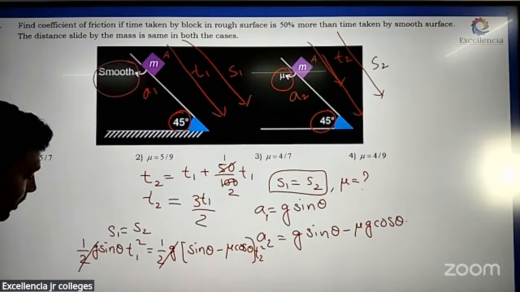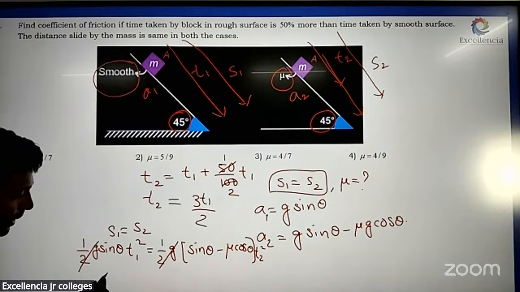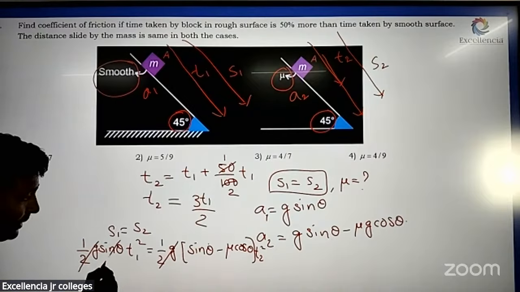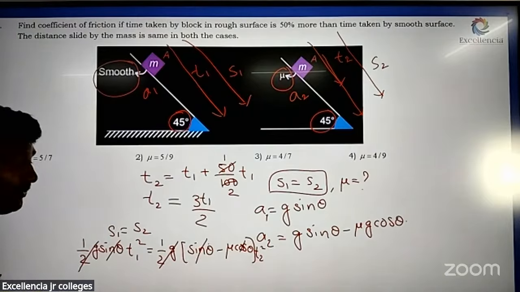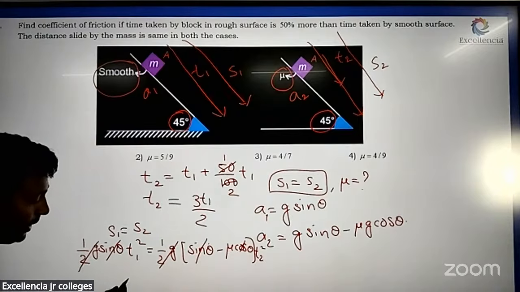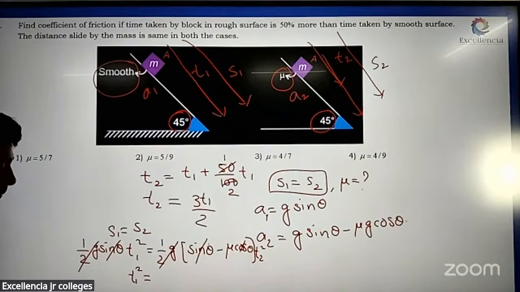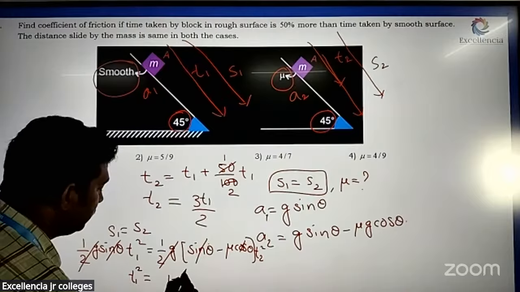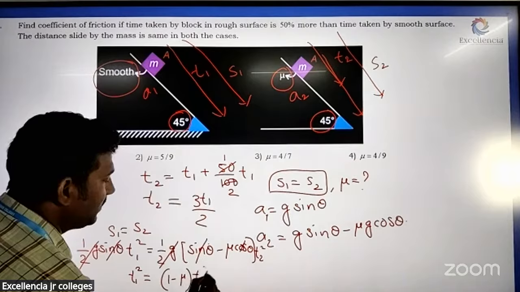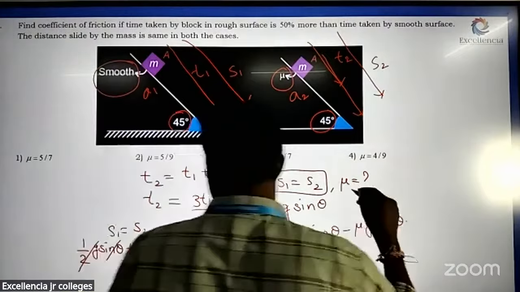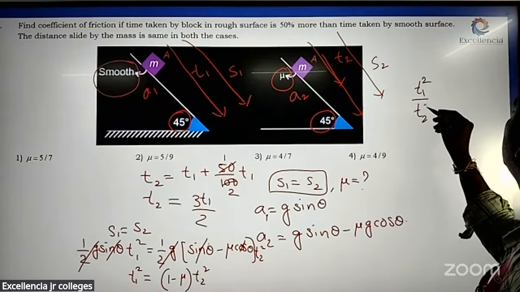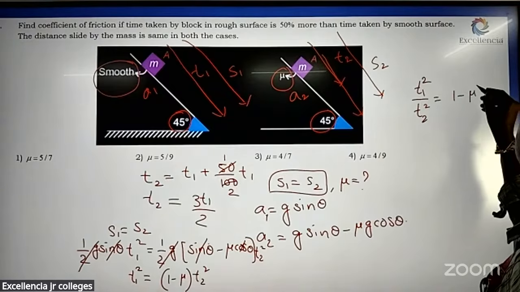Since theta is 45 degrees in both cases, sin theta and cos theta are the same, so I can cancel them out. So T1 square equals 1 minus mu into T2 square. From this, T1 square by T2 square equals 1 minus mu.